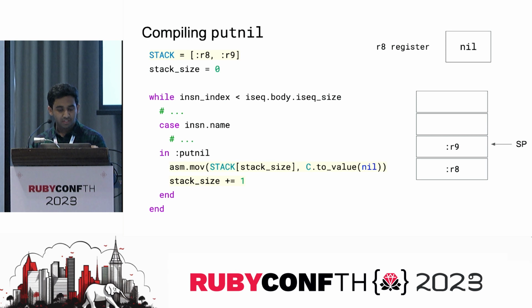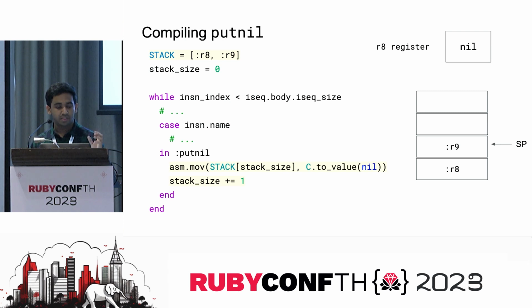So let's say you have two registers called R8 and R9. We are putting them onto the stack, and our stack pointer is at the bottom. But when we do put nil, we put nil onto the value that's represented by the value at the stack. So let's say R8 is at the bottom of the stack right now, and stack pointer points to that.